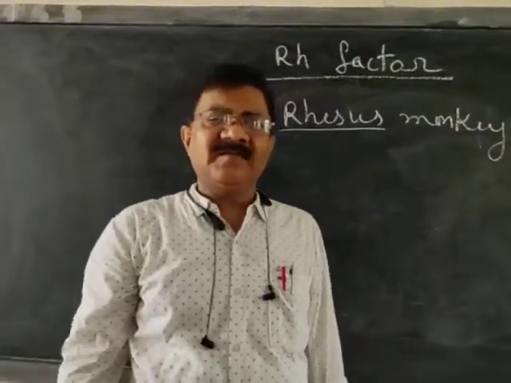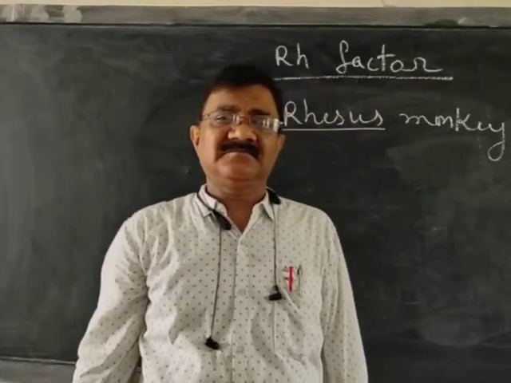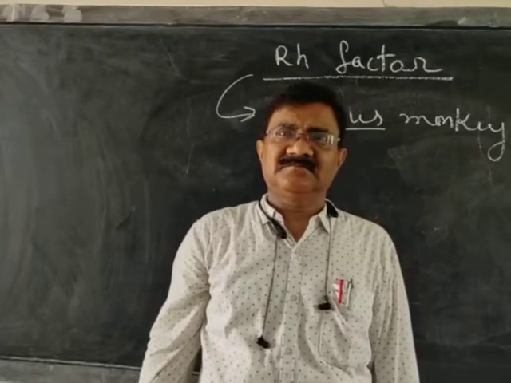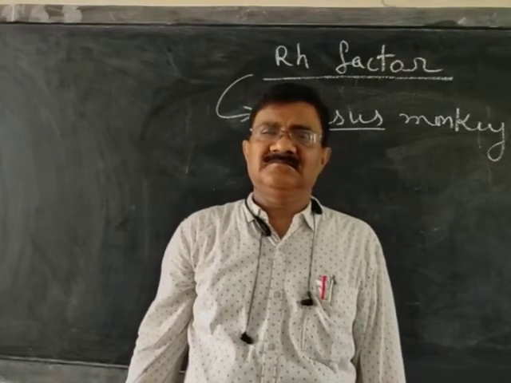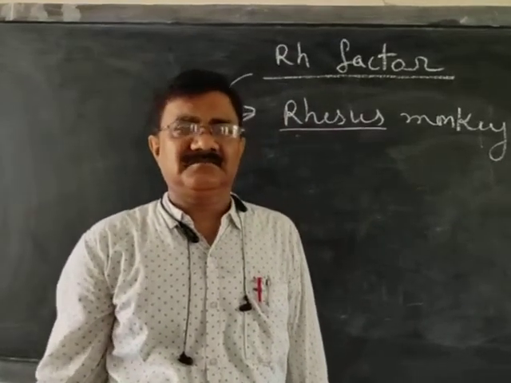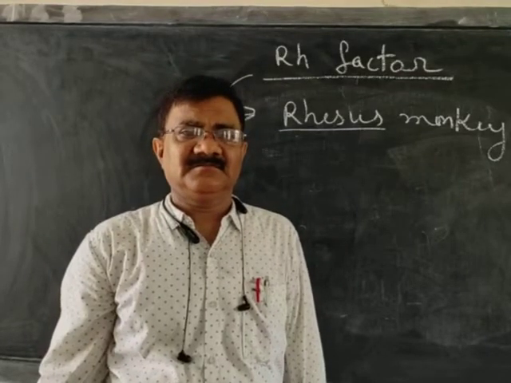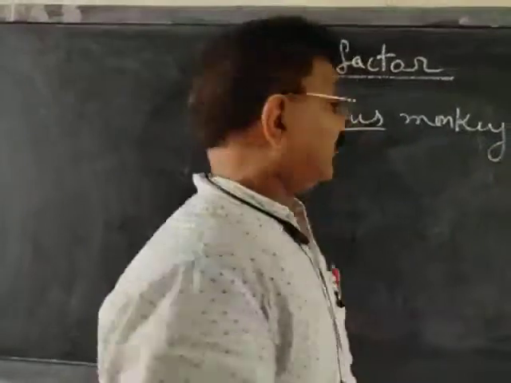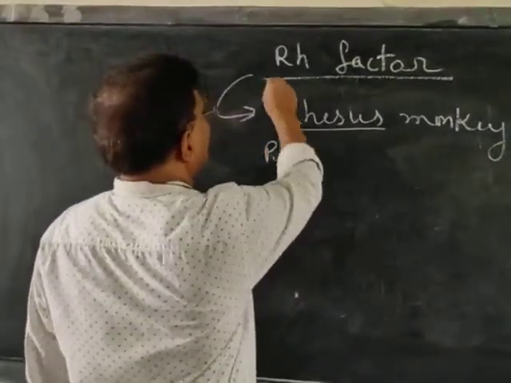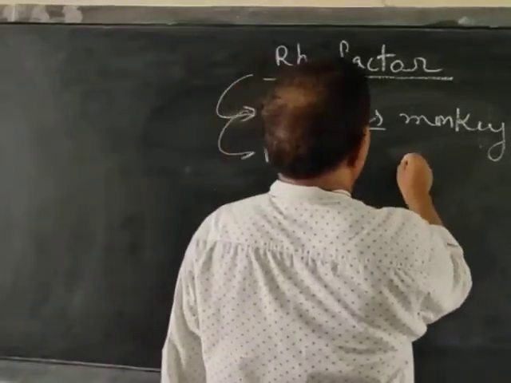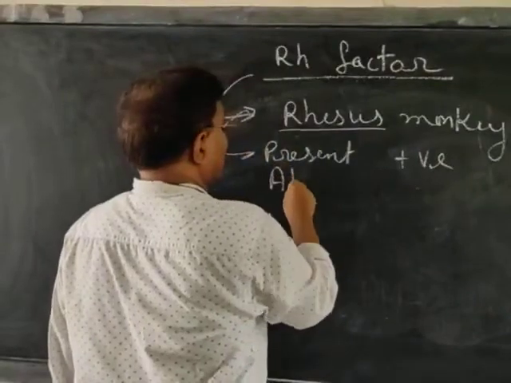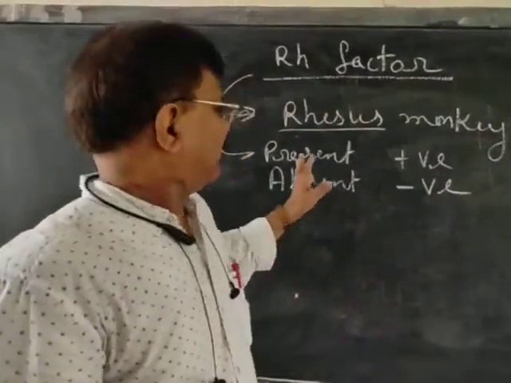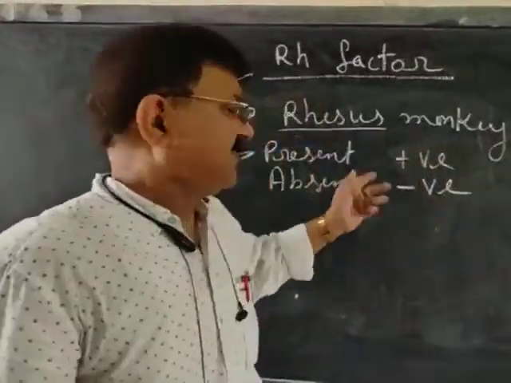If the RH factor is present in a person, then the blood is positive; if absent, then it is negative.